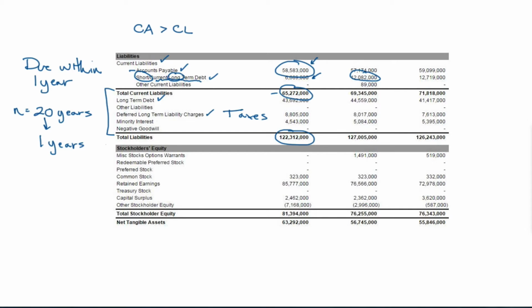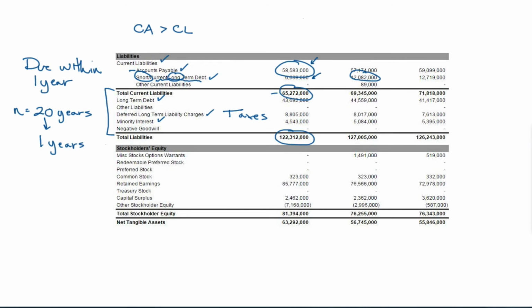And next we have minority interest. So this gets really confusing because it generally represents people's financial interest in a company of some kind. So let me give you a brief example and see if I can help with this.